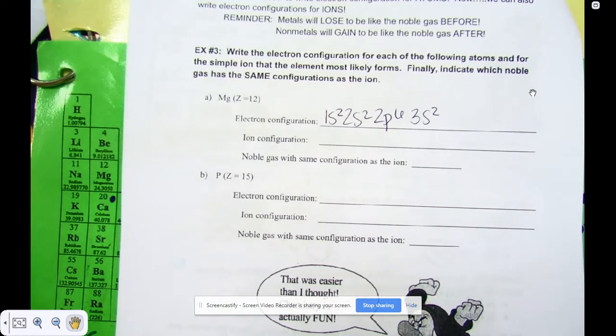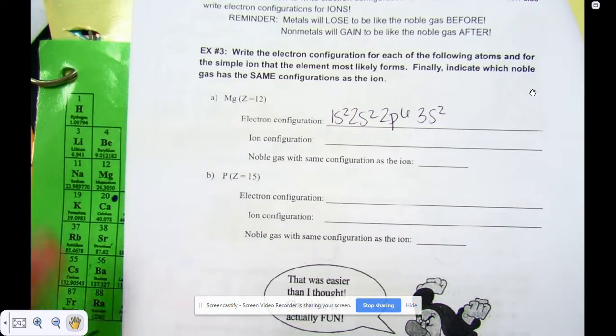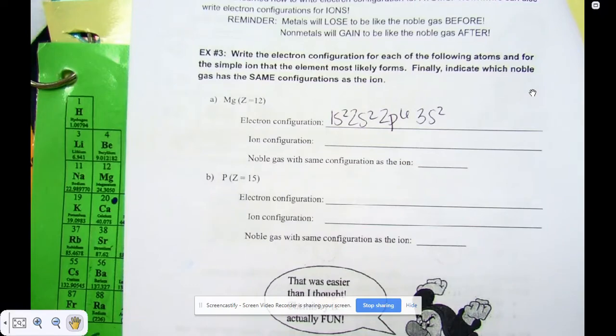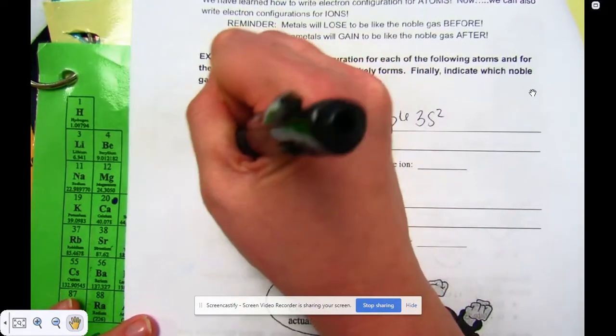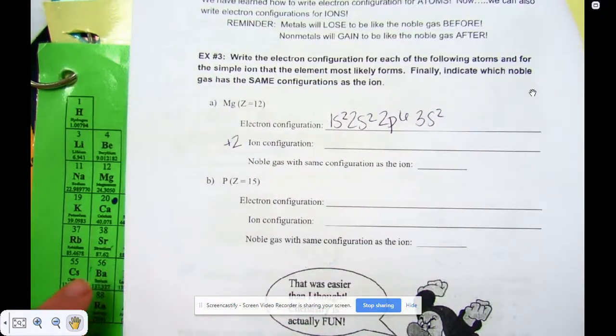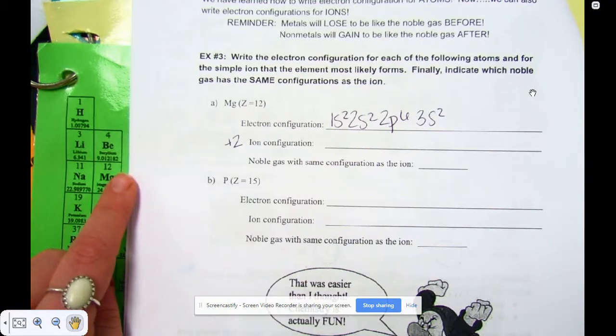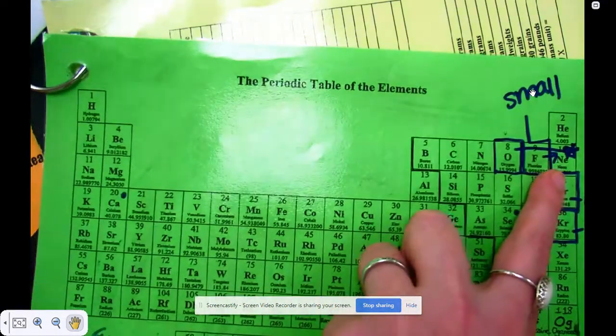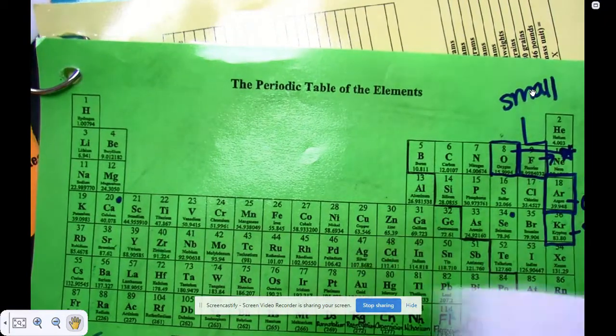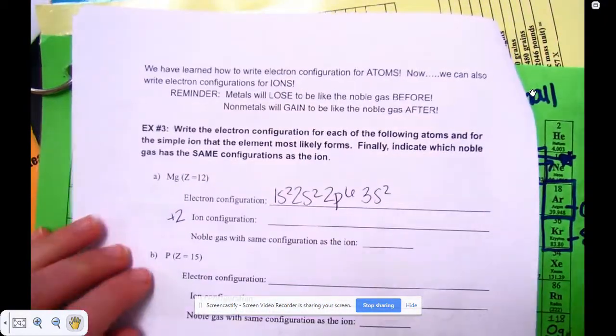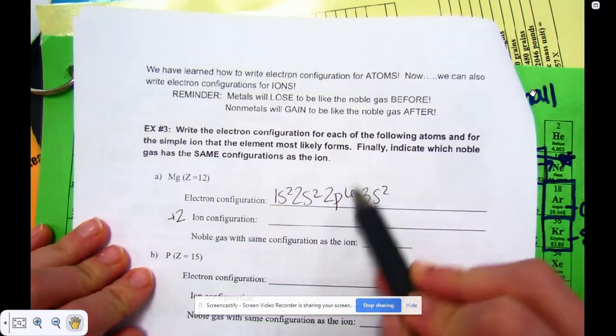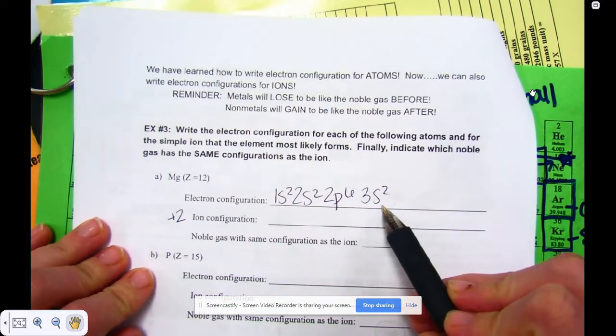For the ion configuration, you have to know what the ion is. Magnesium's in the second group right here, the alkaline earth metals. So it forms a positive 2 charge, which means you're going backwards 2 electrons. So instead of having 12 electrons, it only has 10 electrons. You're removing 2 electrons. When you look at your electron configuration, you can see the 2 electrons I'm removing are these top 2 electrons.